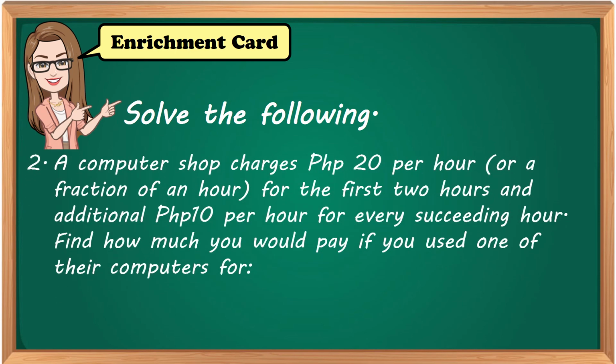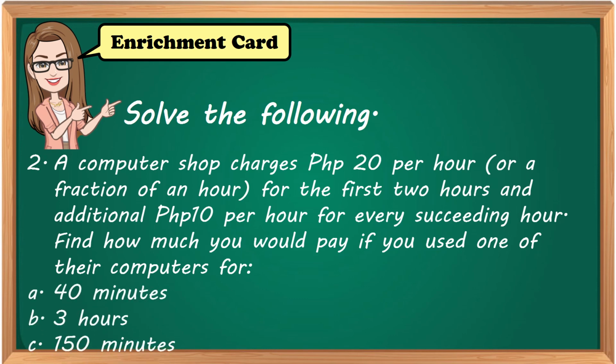For our problem number 2, we have a computer shop charges 20 pesos per hour or a fraction of an hour for the first 2 hours and additional 10 pesos per hour for every succeeding hour. Find how much you would pay if you used one of their computers for 40 minutes, 3 hours, and 150 minutes.